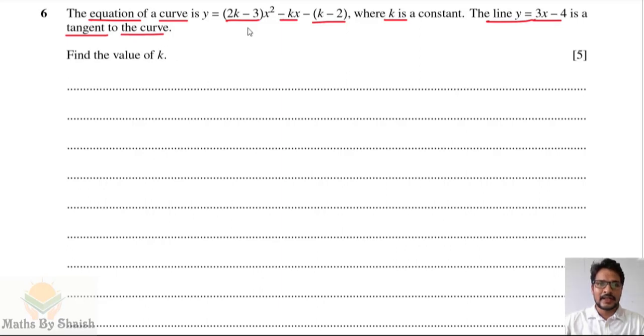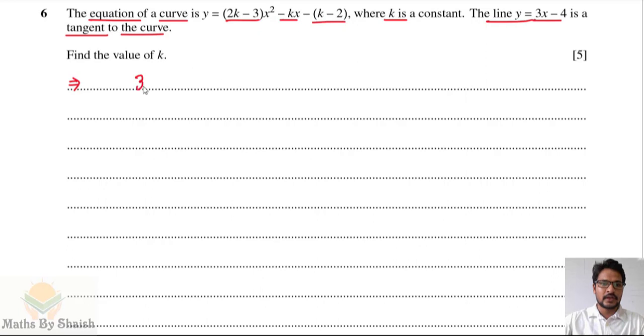For tangent, first of all we'll find the equation of intersection for these 2 curves. For tangent we will talk about it afterward, but before that, first of all we need to equate them, because for the line to become a tangent, it should first of all touch or intersect. So they have to be equal.